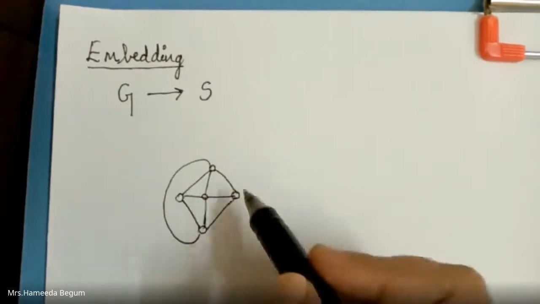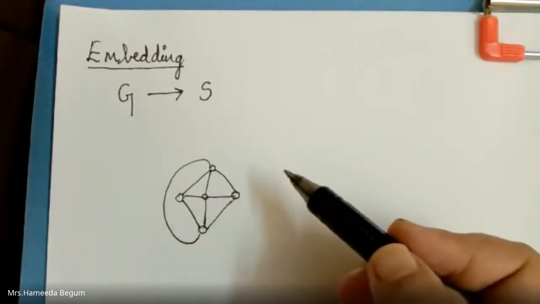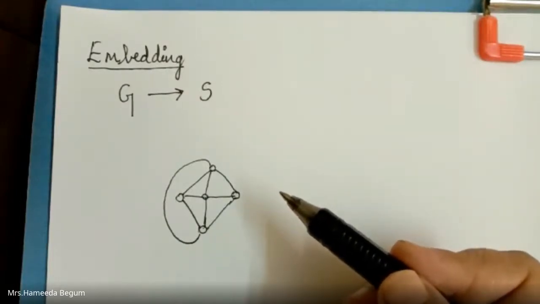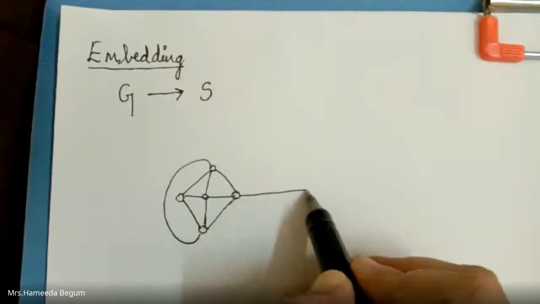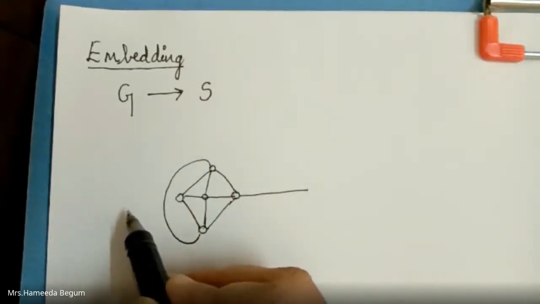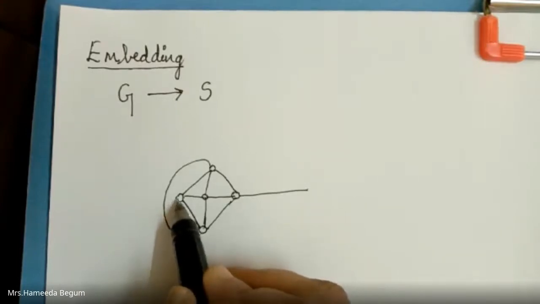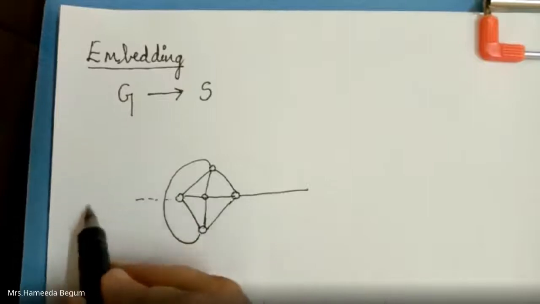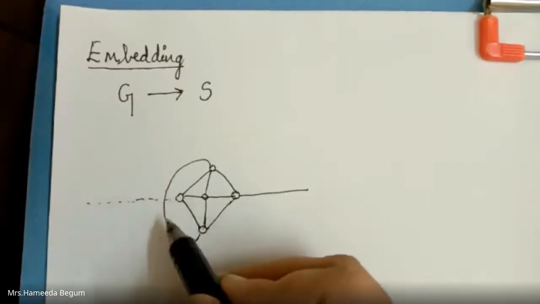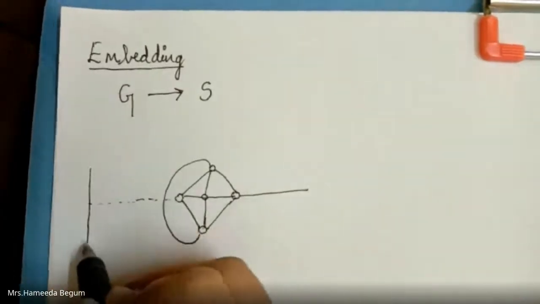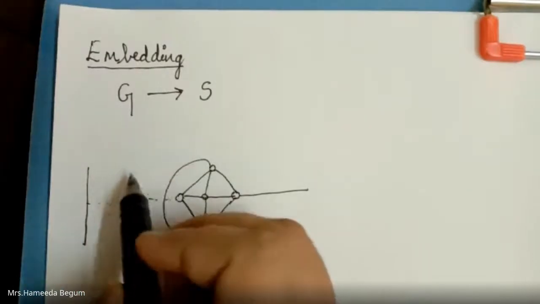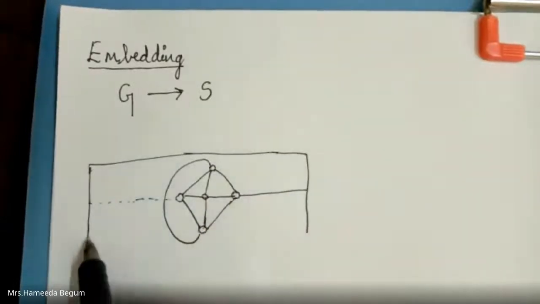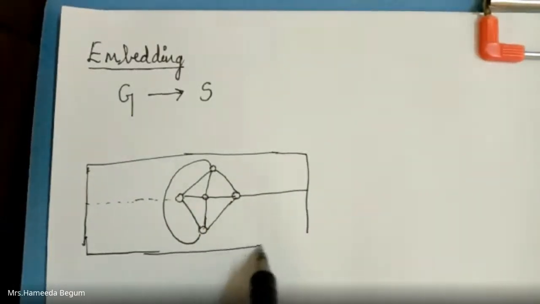Now this graph can be embedded on a Mobius band. So the Mobius band is represented as a rectangle actually. So now we are going to embed this graph in a rectangle. So you could imagine this as a 3D actually. This will not touch this line. Okay. So the planarity of this will not be disturbed. So we are embedding this graph in a Mobius band.